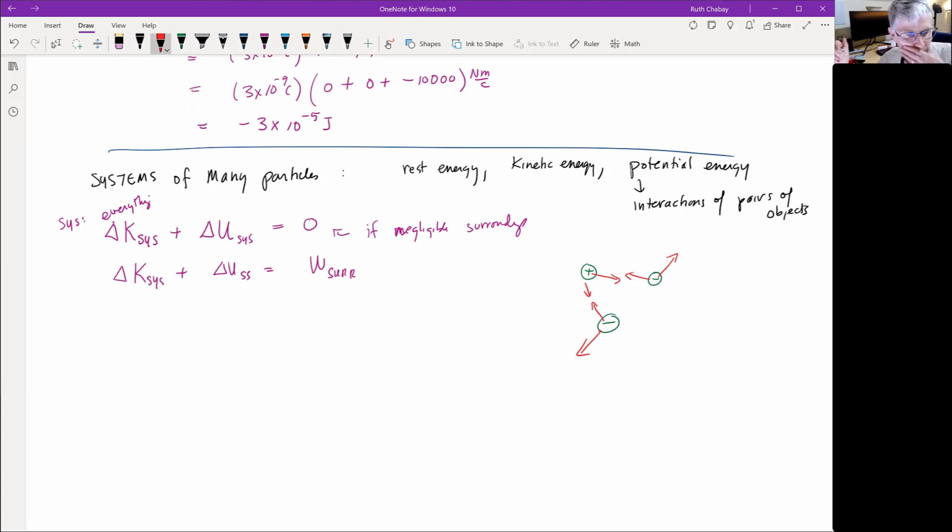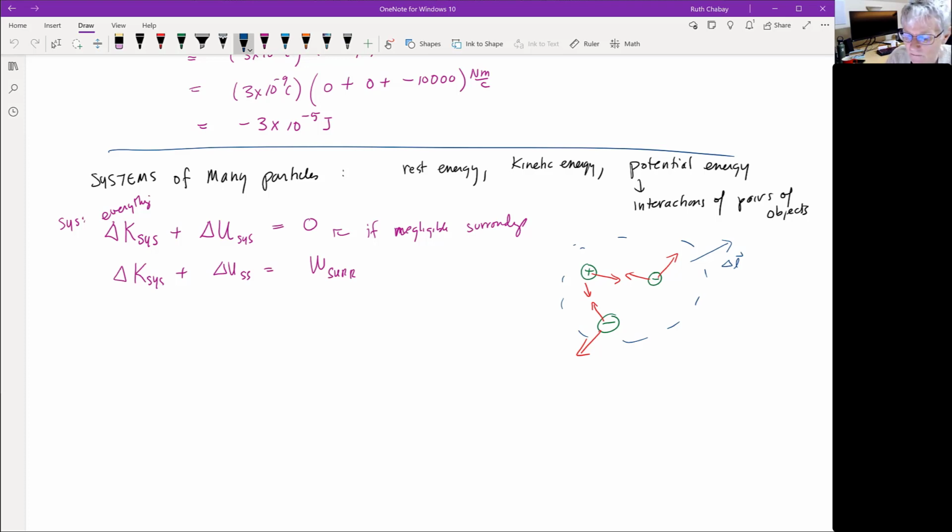And this whole thing might be moving off in some direction or other. So maybe there's some displacement delta L here. So these internal interactions just change the potential energy of the system. So energy can flow back and forth between kinetic energy and potential energy in the system.